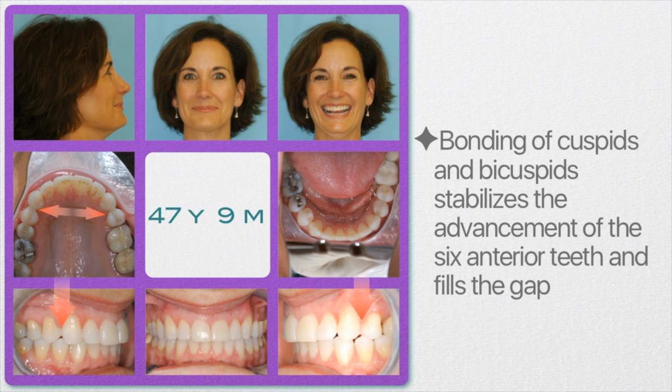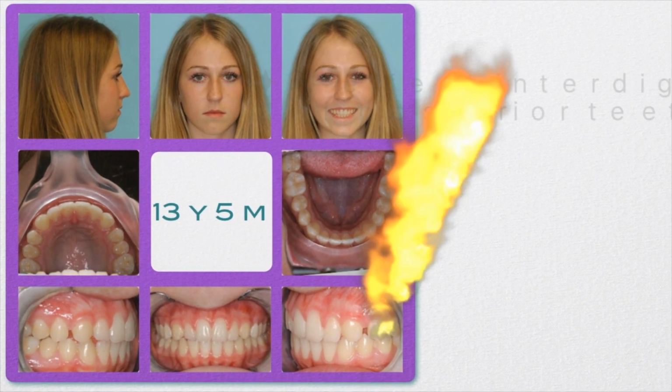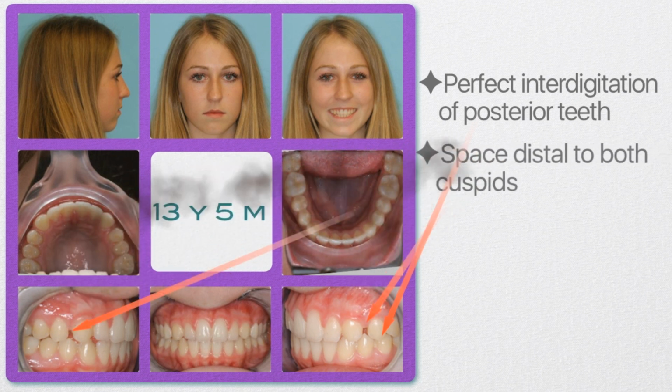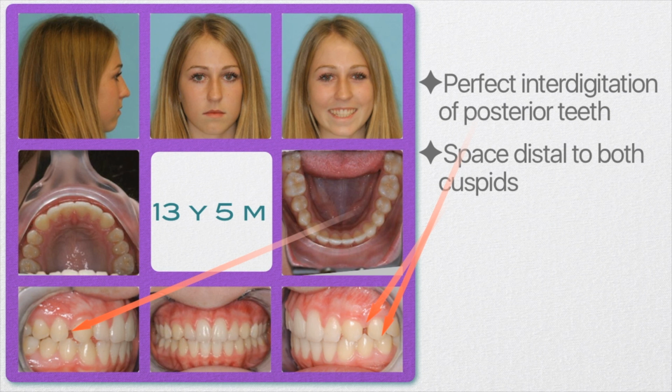So there are many ways for mandibular entrapment to occur. One is with 4 bicuspid extraction or upper bicuspid extraction. There are other ways too. I show the next case here as a case that I finished with perfect interdigitation of the posterior teeth. And I left space distal to both cuspids purposely in her case because there was no overjet. Now, she doesn't mind the space there, and if indeed she didn't like it, she could certainly have those over-contoured.